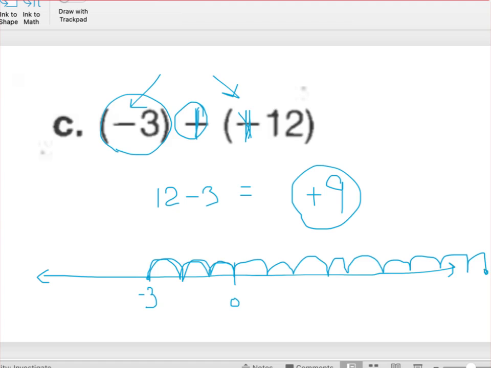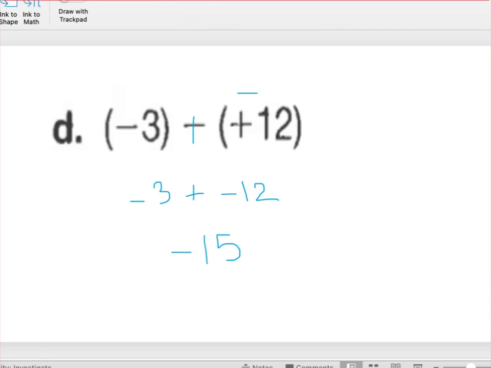I was trying to make those a little bit more even, but this is very difficult to write on. So I had 3 plus, what is 12? I should have 9 steps over there. 1, 2, 3, 4, 5, 6, 7, 8, 9. And I end up at 9. +9 is the answer on the number line.